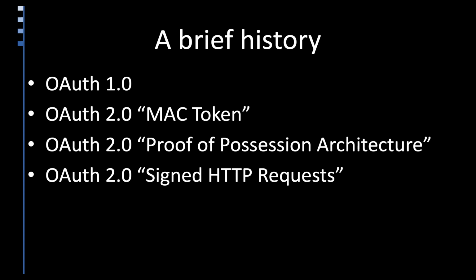OAuth 1 used query parameters and form parameters for everything, so it had its own method of normalizing and defining these query parameters so that you could sort them together and sign them. And anybody who implemented OAuth 1 knows that it was messy and error prone, and everybody hated it pretty much.